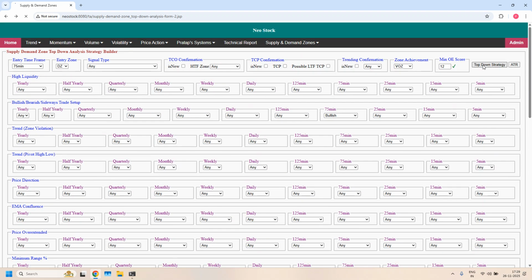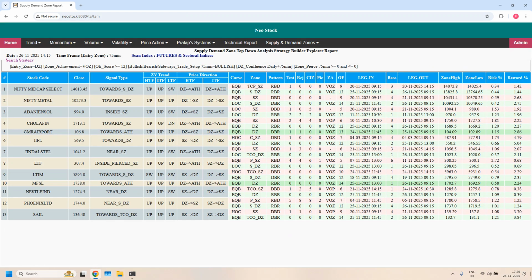Enable the filter. Out of 24, we got 13 stocks. In all the 13 stocks, all these 75 minutes demand zones overlapped with daily demand zone. And the daily trend, that is ITF trend, is uptrend in all the stocks.